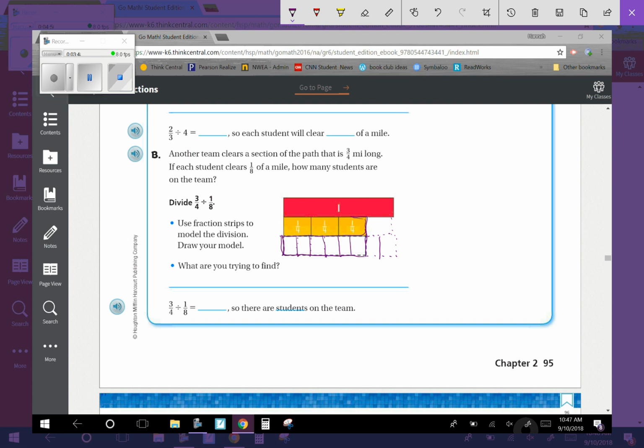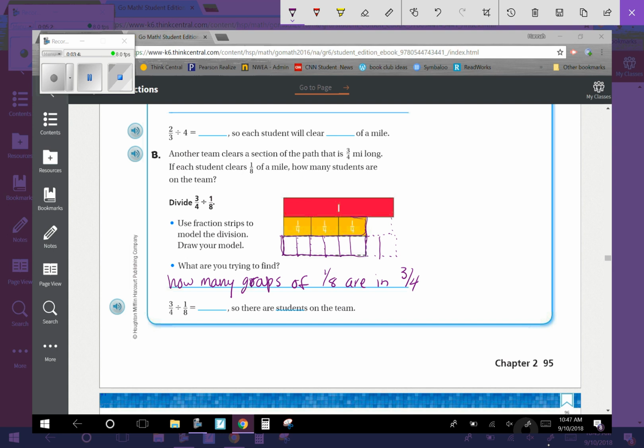What am I trying to find? I'm trying to find how many groups of 1/8 are in 3/4. Okay, now when I look at this model, I'm not looking like I did last time. I wouldn't just say 1/8.